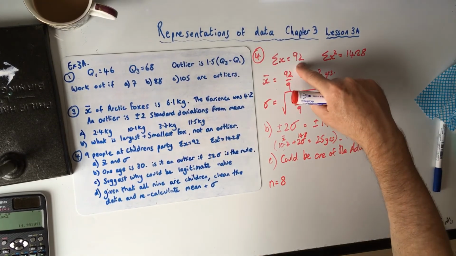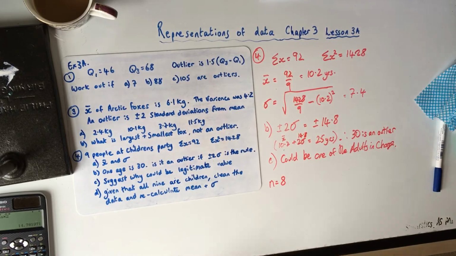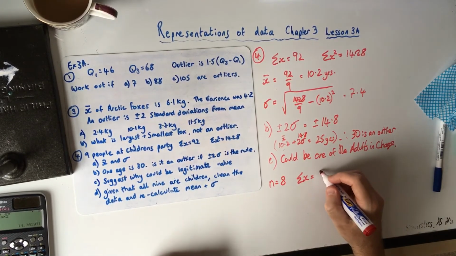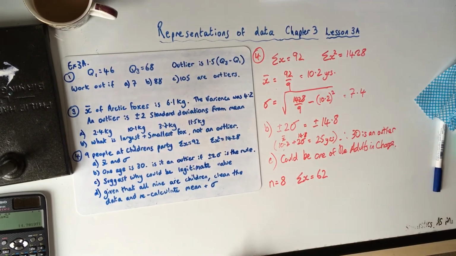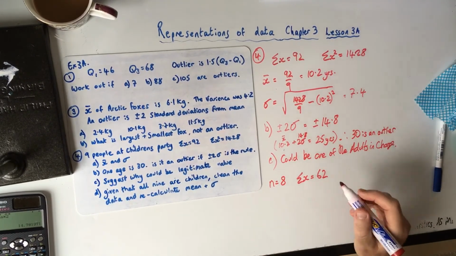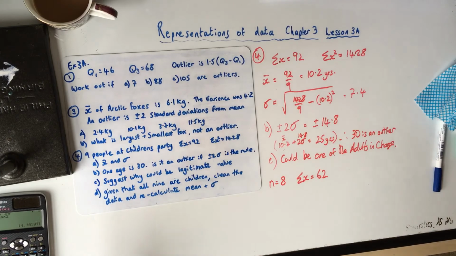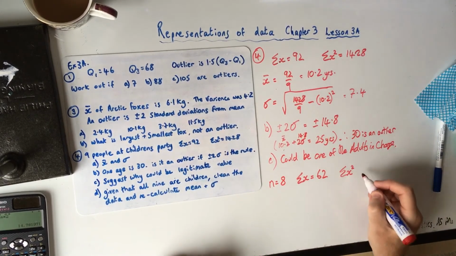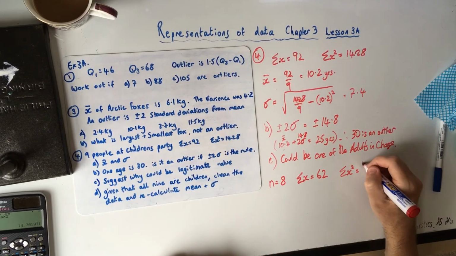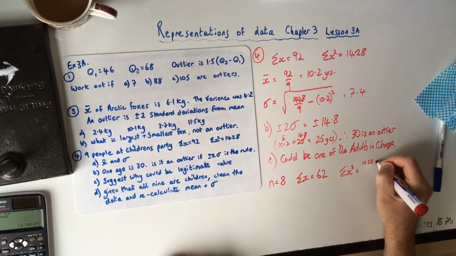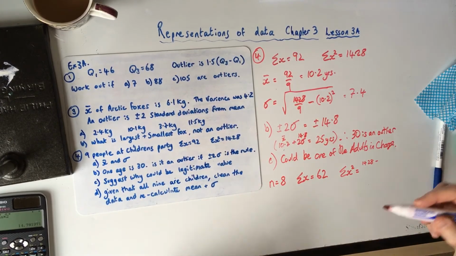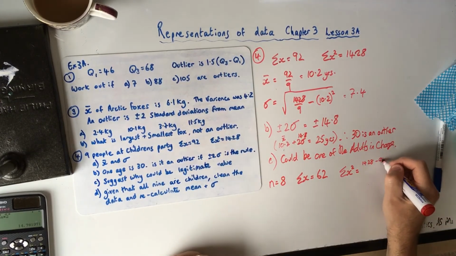We know that the sum of all of the ages was 92, so the sum of x is now, taking out that 30, because it included that, 62. And we know that the sum of all of the ages squared was this, so the sum of all of the ages squared now is equal to this minus the data that we had, but it was that squared that was added in, and 30 squared is 900.